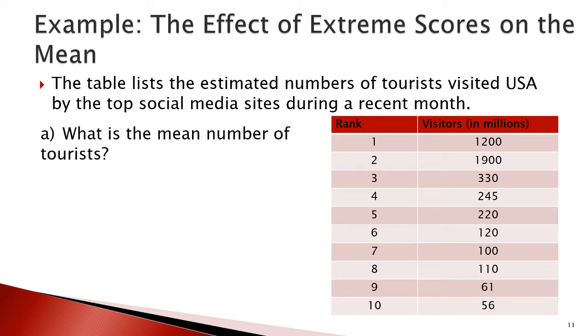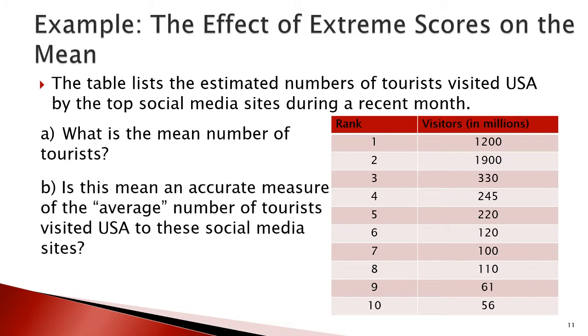So the first question is, what is the mean number of tourists who visited the USA? Then the second question is, is this mean an accurate measure of the average number of tourists who visited the USA through these social media sites?